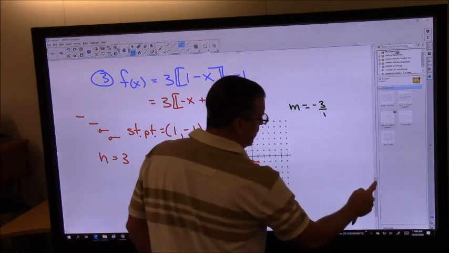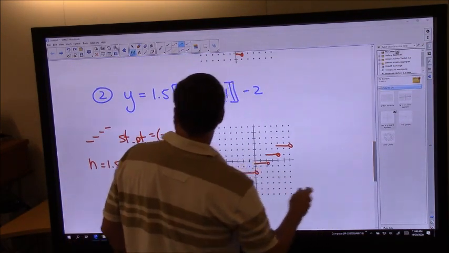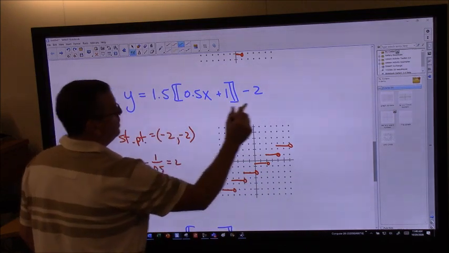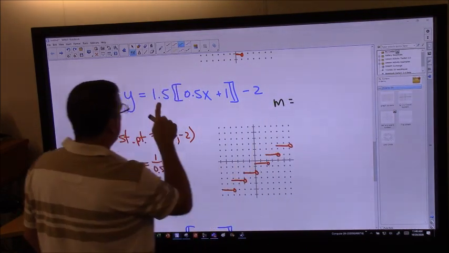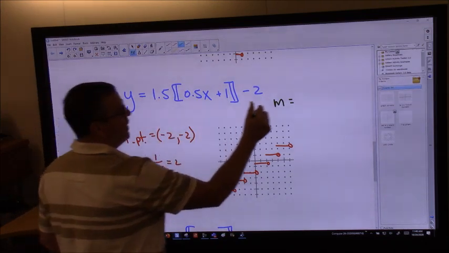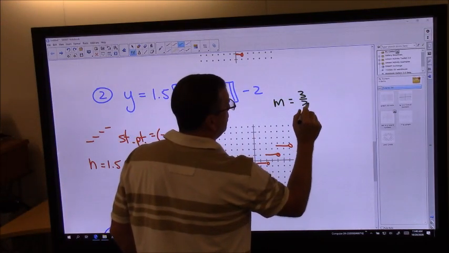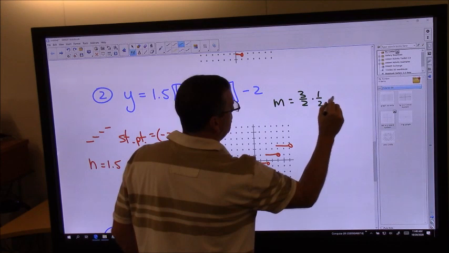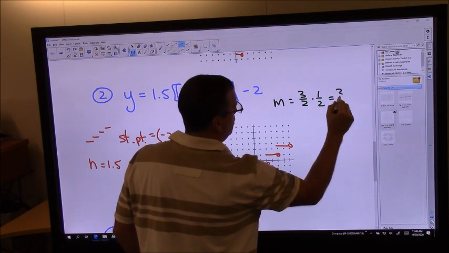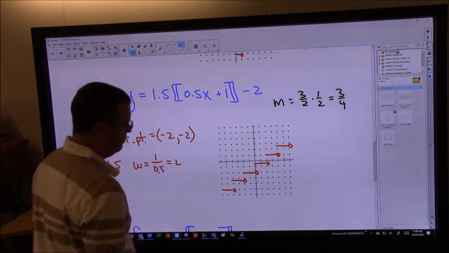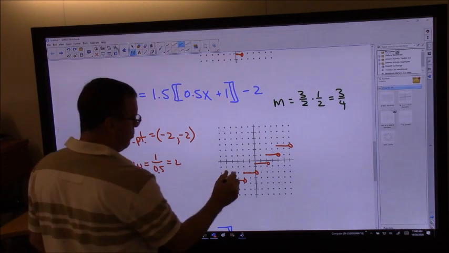Okay? If I go back and look at this one, here my slope is 3/2 times 1/2, which is 3/4. So pick any point you want.